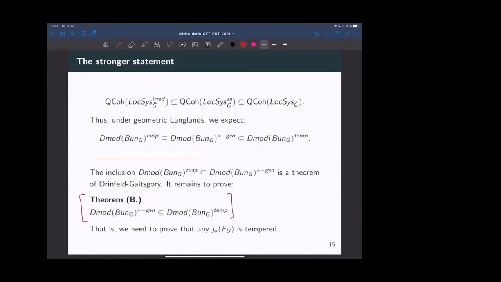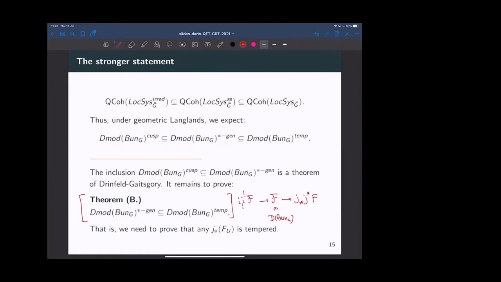Okay, and it explains why the tempered condition depends only on infinity. So if I have a sheaf F on Bun, what does it mean to look at infinity? It means that I take a large quasi-compact open, and so I have a map like that, an adjunction map, and then the kernel of this map is the part of F that I can see near infinity.